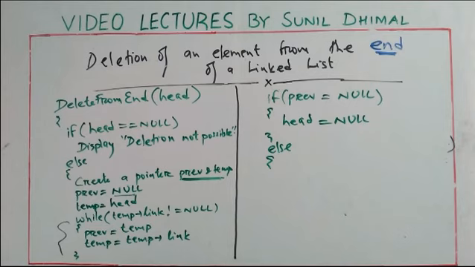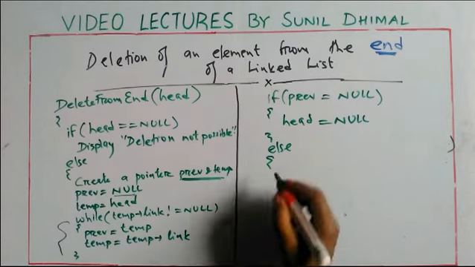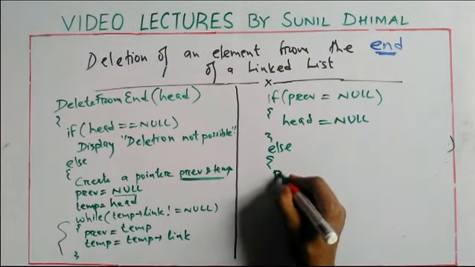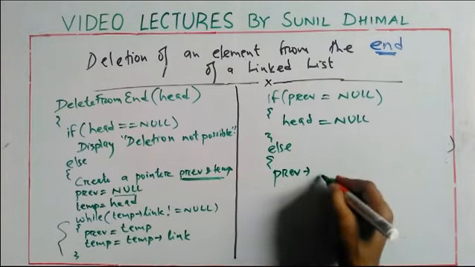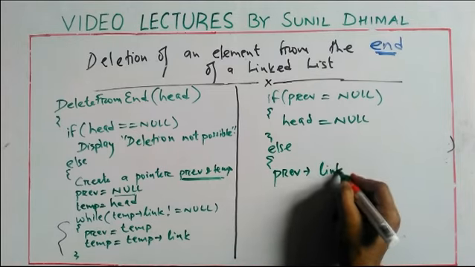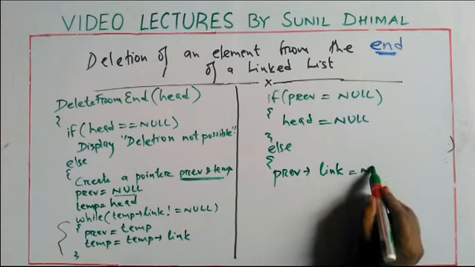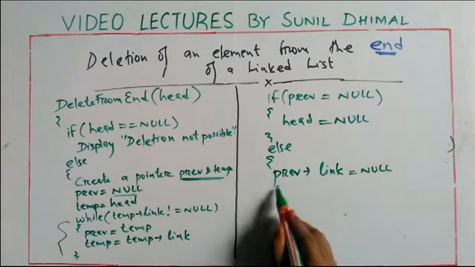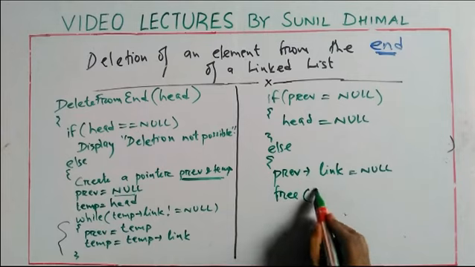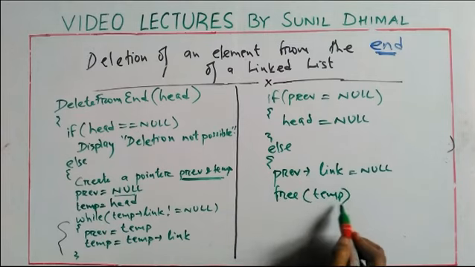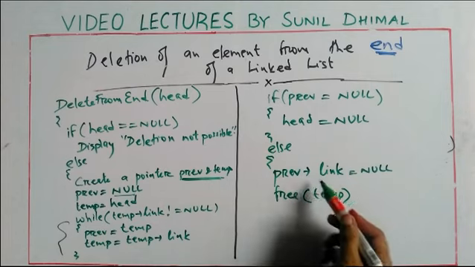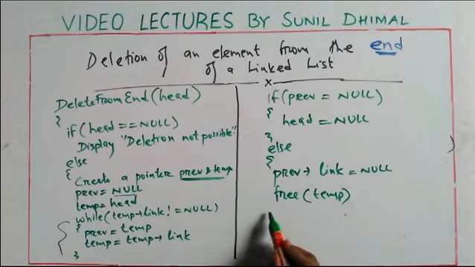What you do is you make the link of previous, because previous is pointing to the second last node now, right? Link is equal to null because it's now the last node, and you will free the node that is pointed by temp. We are deleting the last node and making the link of previous node as null, right?